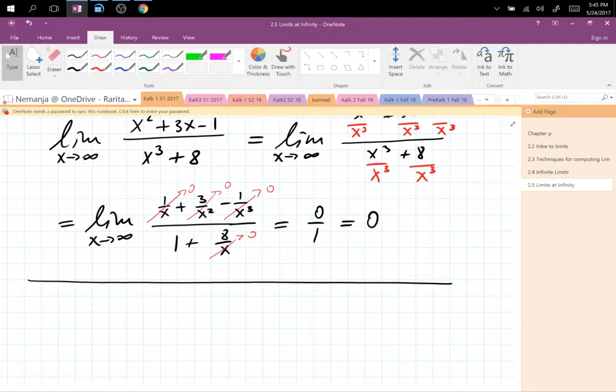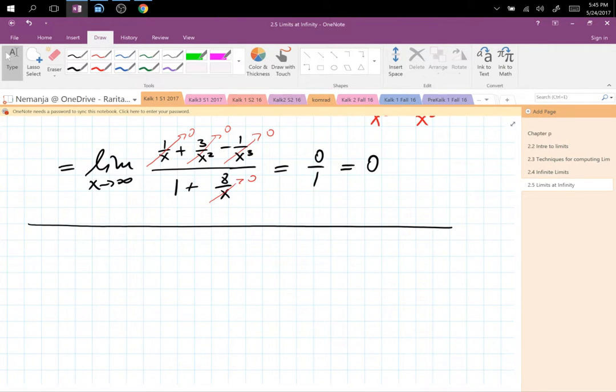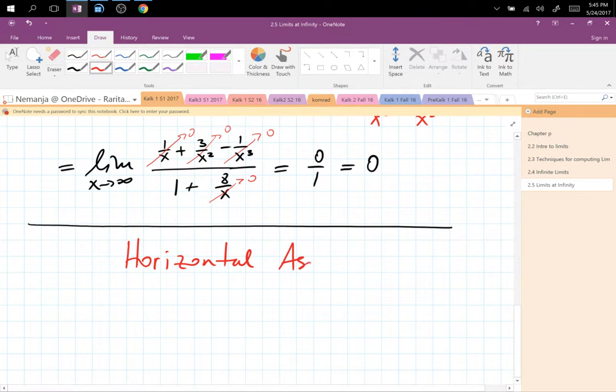So, what would be the major mathematical concept that we are going to use this for? Horizontal asymptotes. Very good. And then there's one more thing. Abbreviate as HA.